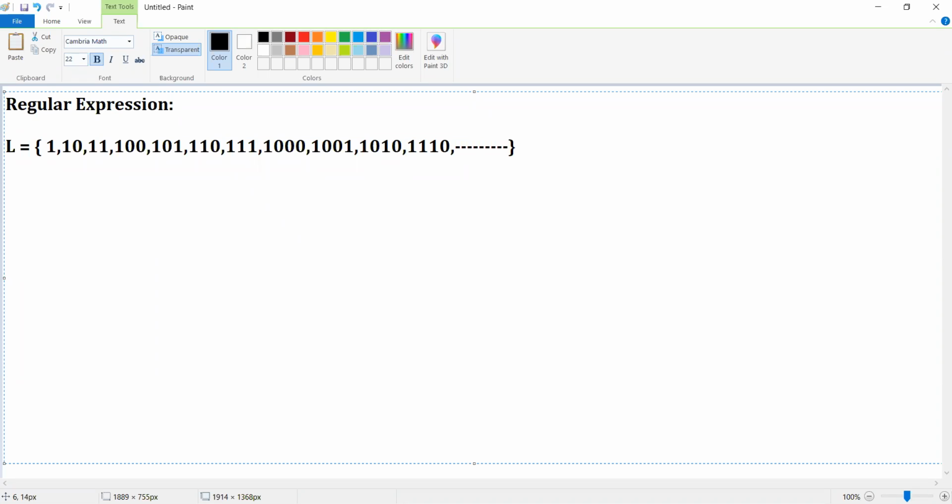This is my language, and these are going to be my strings.